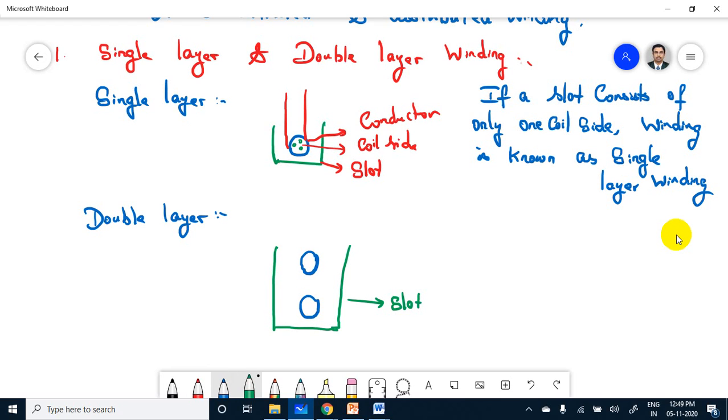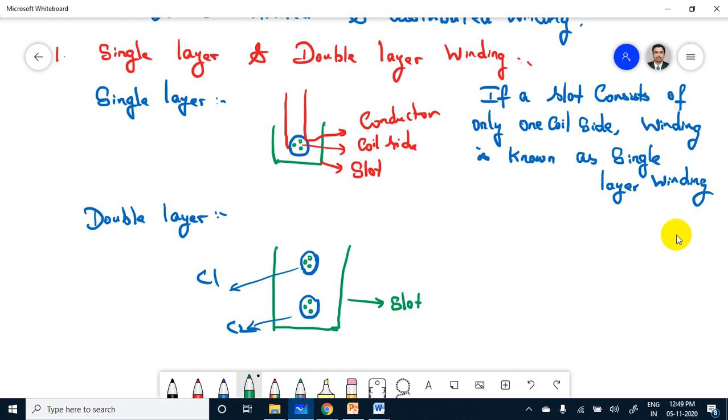What are the Fourier series coefficients? This is conductor 1, this is conductor 2, and each conductor has coil sides, with small circles because wires are inside. For example, we can take a coaxial cable.